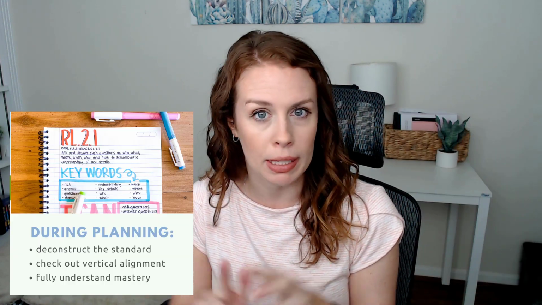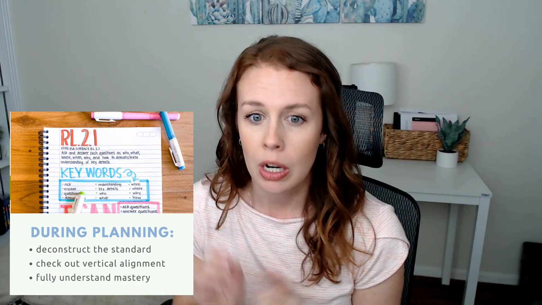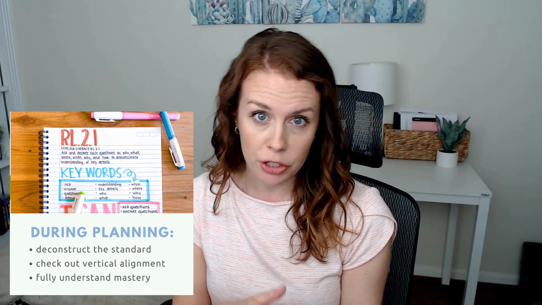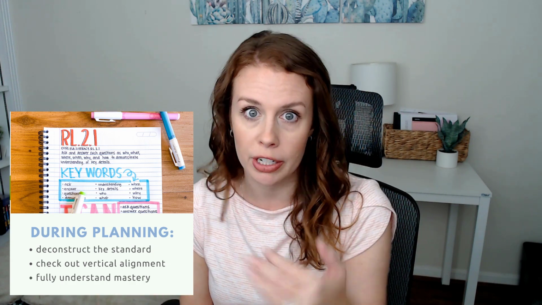You also will want to check out your vertical alignment. That's going to be checking the grade up and the grade below you. So if you are a second grade teacher, you want to check out what they're expected to do in third grade. If you're a second grade teacher, you want to see what they're coming to you with from first grade.